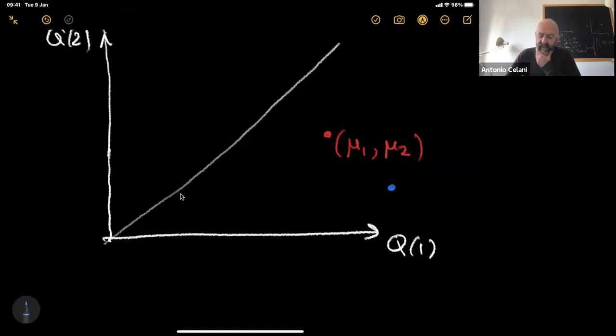So if you start with that choice, the first step, you just are greedy, and what do you do? You play ARM1, right? And if you play ARM1, you will update Q1. So you will make a step in this direction. Expectedly so, because it depends on the variance of your rewards of the first arm. Then you just may move around and so on and so forth. But eventually you expect to be converging here.